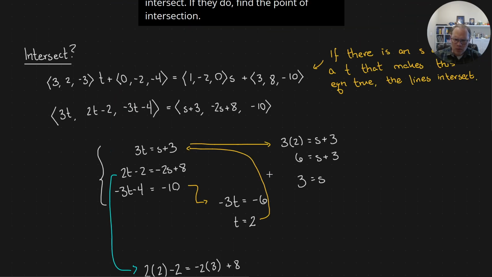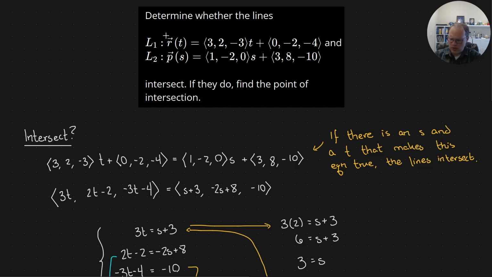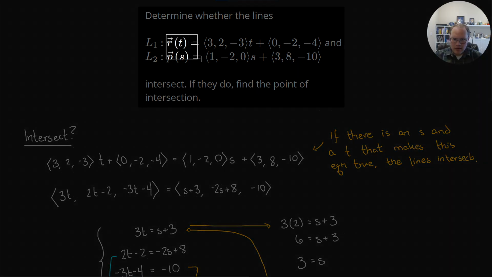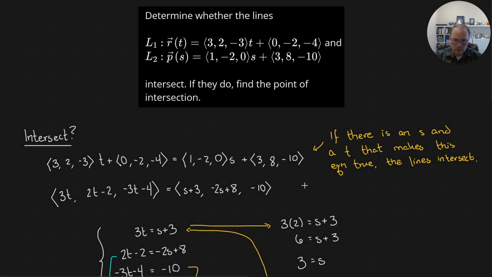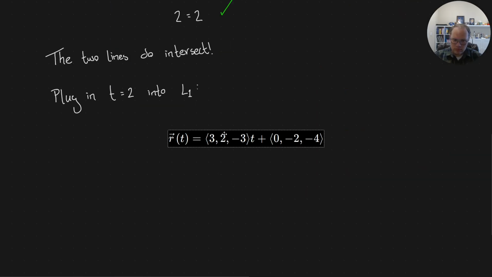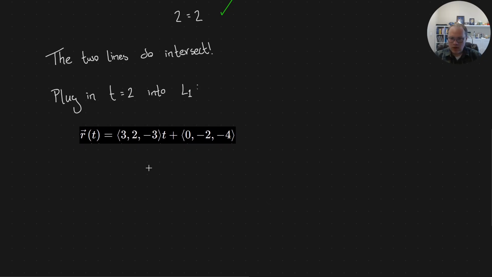So line 1 was, let me just grab it so I don't have to look back. So I'm going to plug in t equals 2. I get 3, 2, negative 3, plug in the 2 for the t, plus 0, negative 2, negative 4.